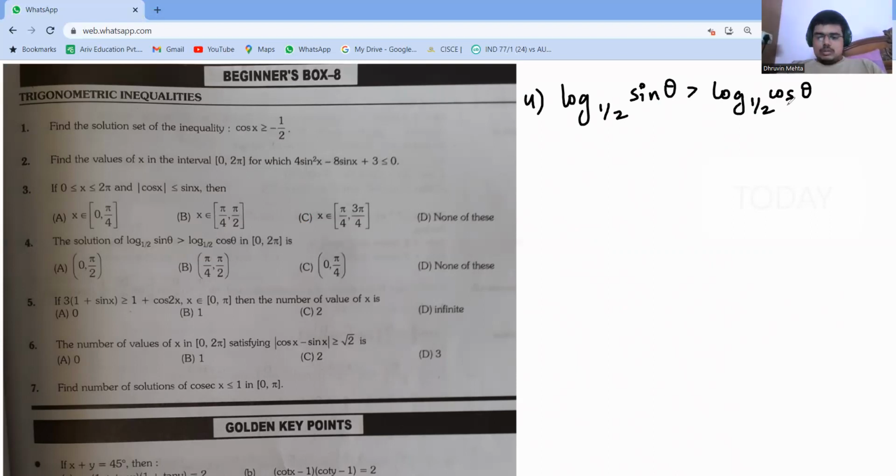After removing the log on both sides, what do we get? Okay, Arush, you are saying something? So root sin theta greater than root cos theta? अरे log निकाल के तो बाहर. क्या बोल रहा है तू आरुष? Arush, you are getting confused with this property of log.